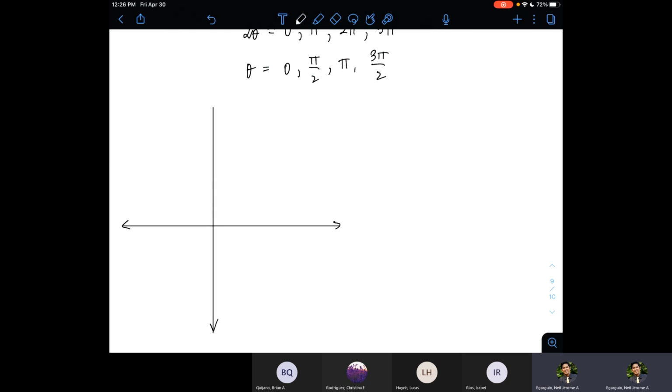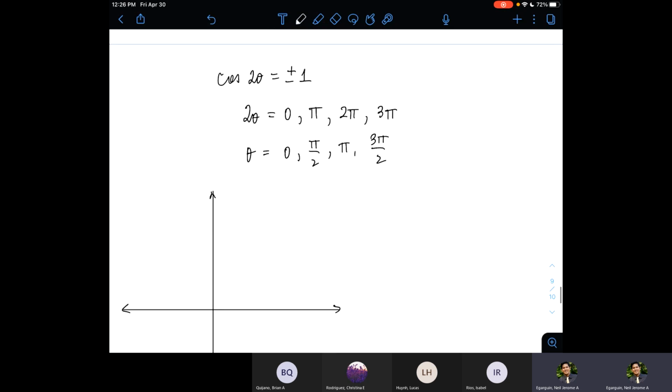Okay, let's sketch the graph. Oh, by the way, for these r values, let's make a theta-r table here. So here we'll have theta, then r value: 0, pi over 2, pi, 3 pi over 2.